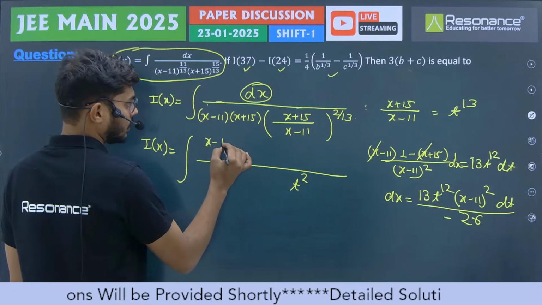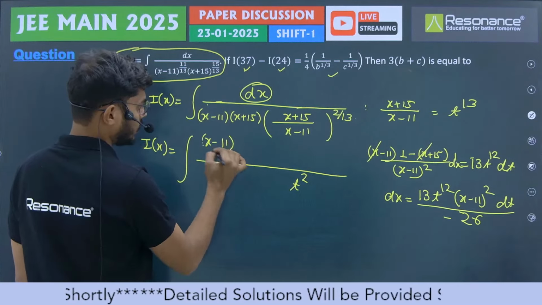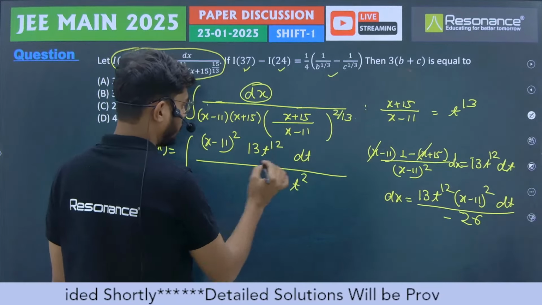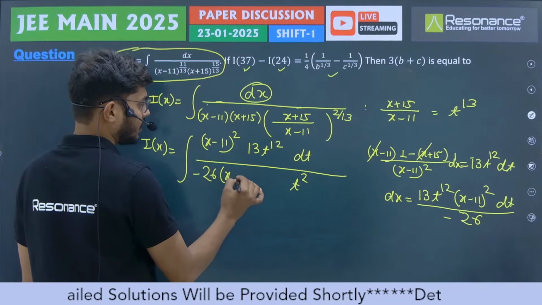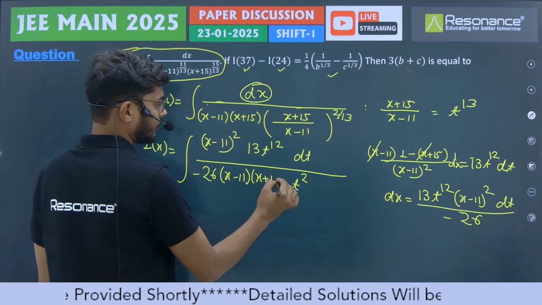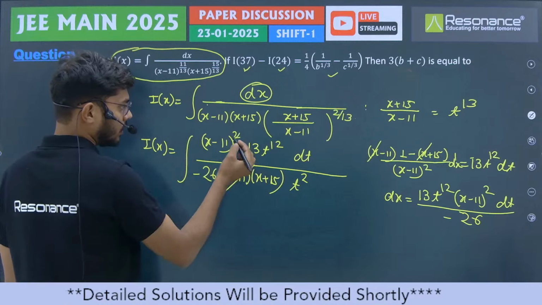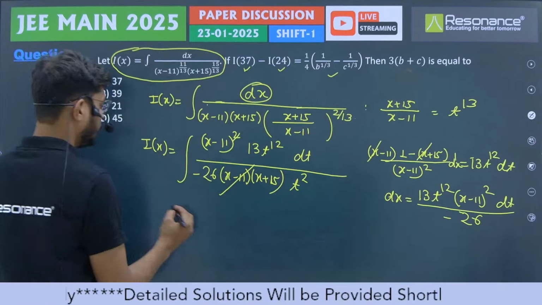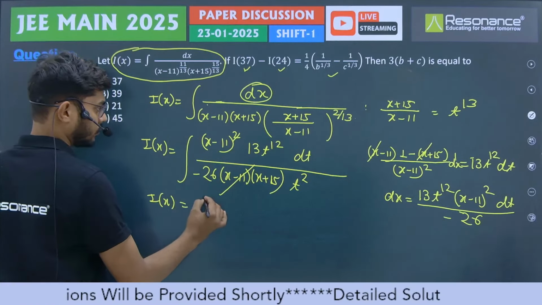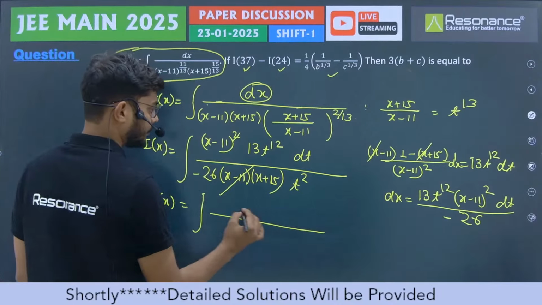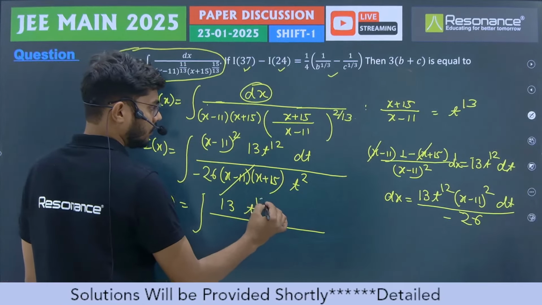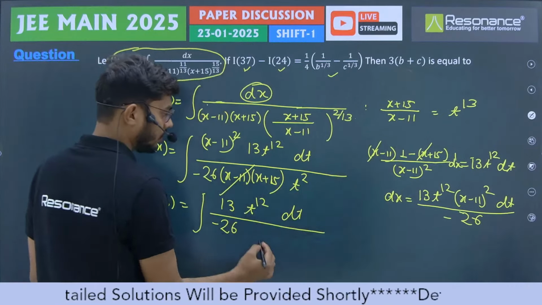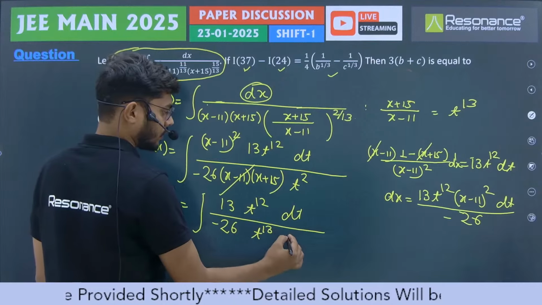So (x minus 11) whole square 13 to the power 12 dt upon minus 26 (x minus 11)(x plus 15). One term cancels out. Again, I know the value of (x minus 11) upon (x plus 15), right? What is the value? (13 to the power 12 dt upon minus 26). This value is going to be t to the power of 13, t square.